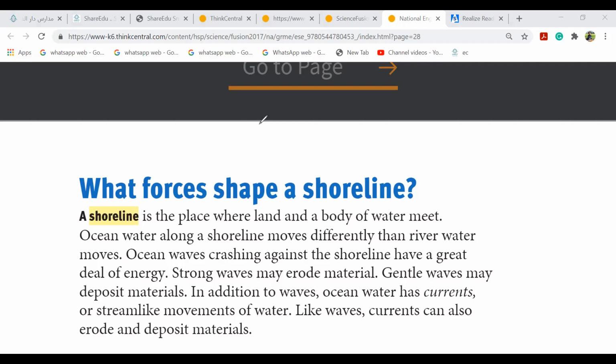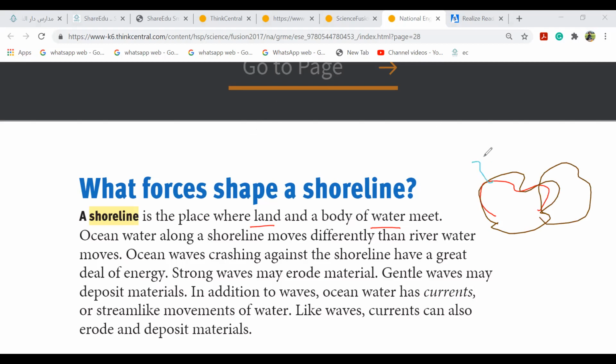Now, when you go and stand in front of Shalal Park, there's a beach, the Corniche here in Jeddah, and you see the shoreline where the land and water meet. Big rocks are kept there, and the ocean water comes and splashes there.